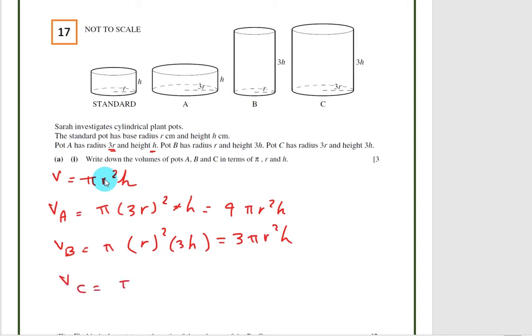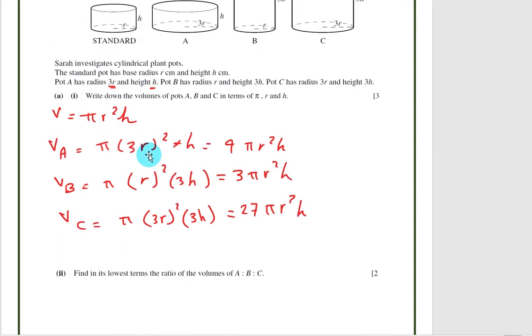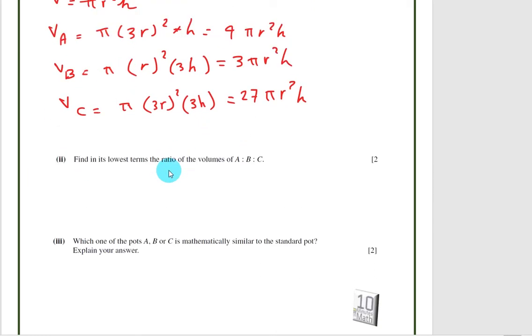VC is equal to pi (3r) squared 3h, so it will be 27 pi r squared h. Find in its lowest terms the ratio of the volumes VA to VB to VC, equal to 9 to 3 to 27. So 3 to 1 to 9.